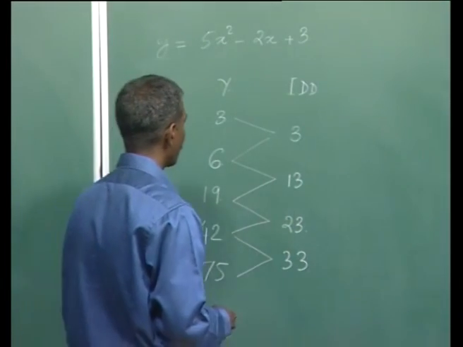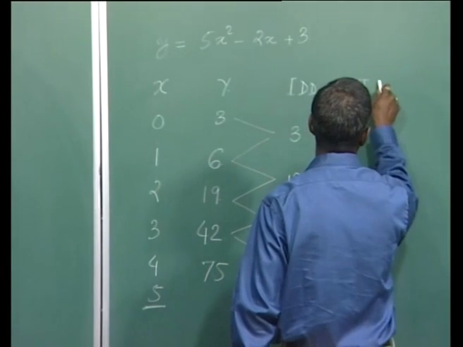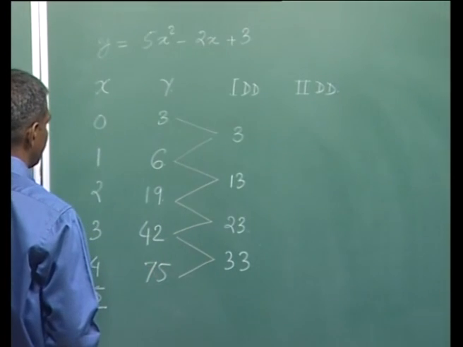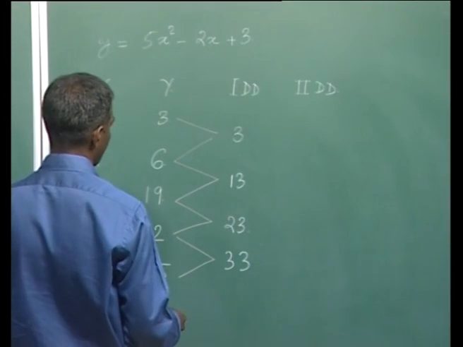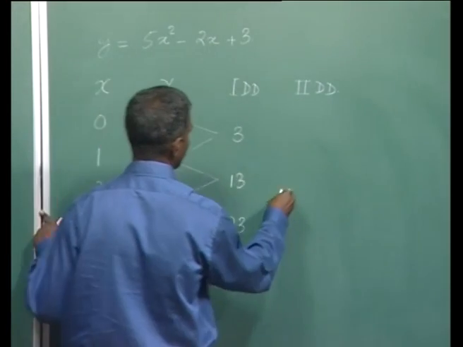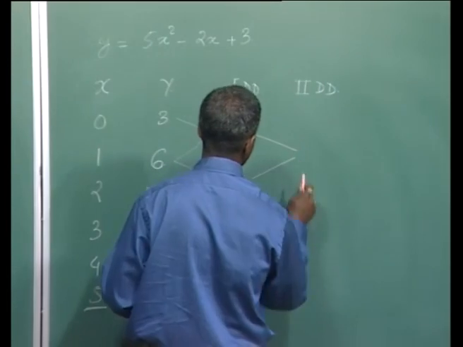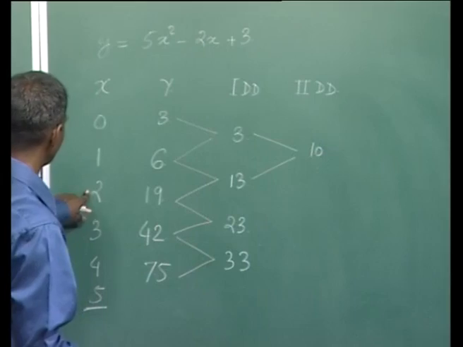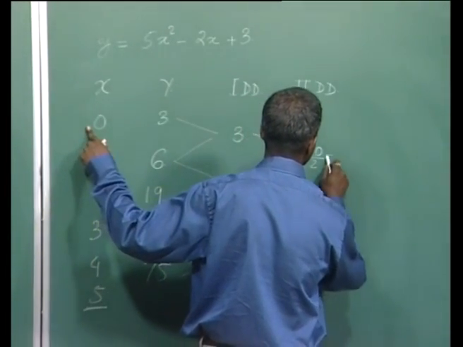Okay, let me now compute the second divided difference. I call it 2DD. Now for this, I'm going to be doing 13 minus 3, which is 10, over 2 minus 0, which is 2 here. This is equal to 5.